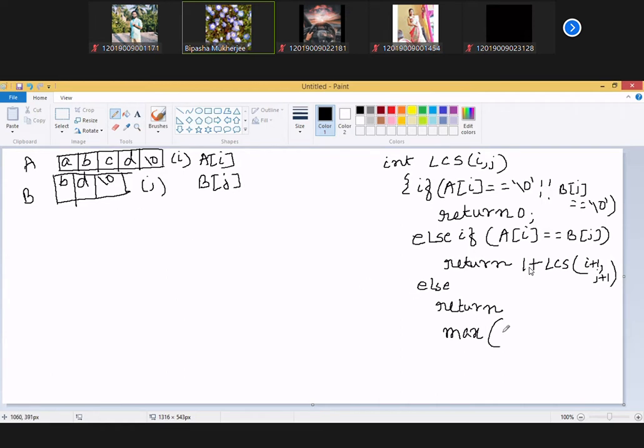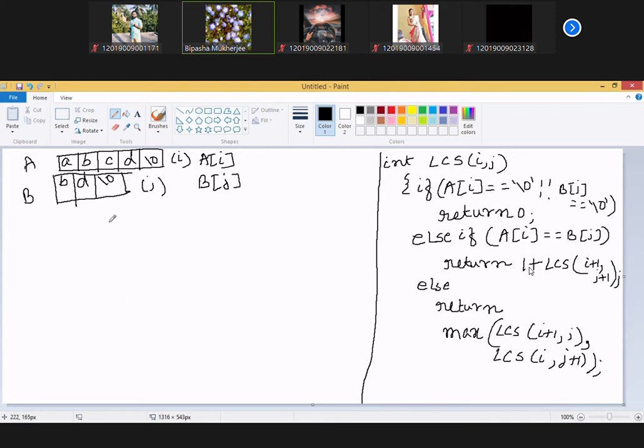So if I say LCS, if I am incrementing the i, then LCS of i plus 1, j, and LCS of i, j plus 1 where j will be incremented. Okay. This is the entire thing that we can apply here.